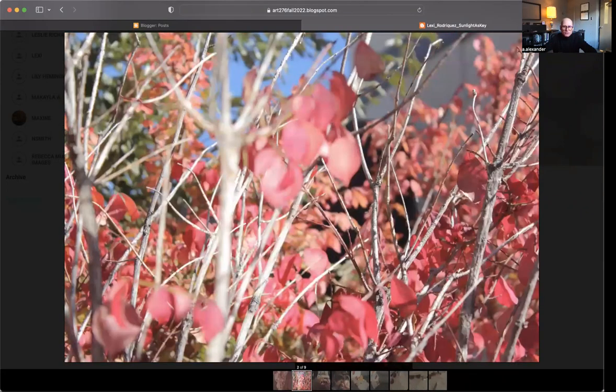But just in terms of finding the area, this one's a little bit less great, because it has more of that frontal, broad light that we're talking about.